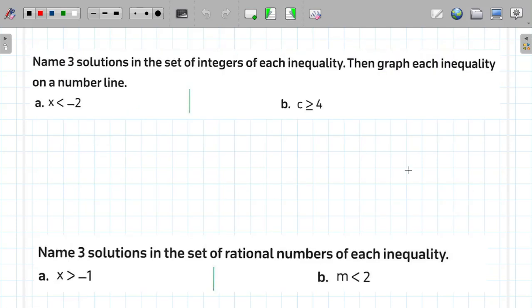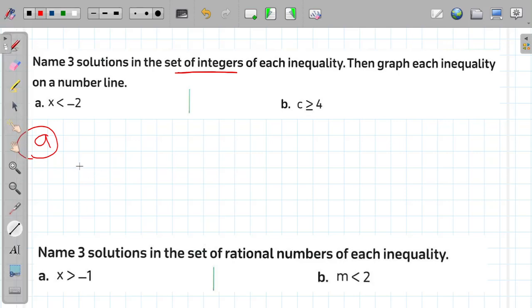So if I have two inequalities like this and I want to name three solutions in the set of integers of each inequality, and then graph each inequality on a number line. The first one here, I have x less than -2. I will start by drawing a number line like this.